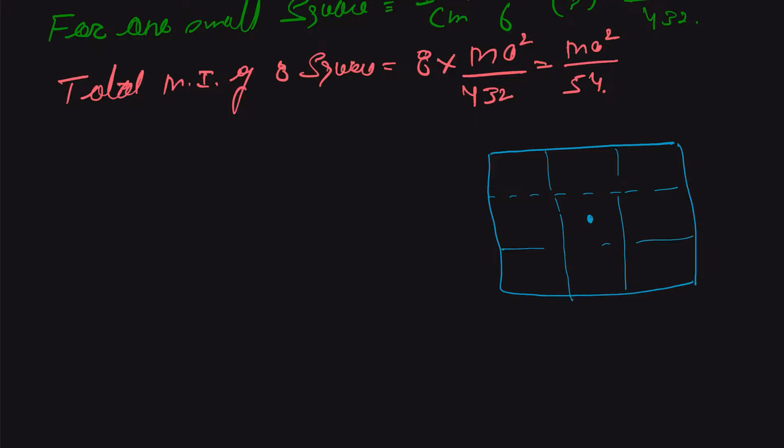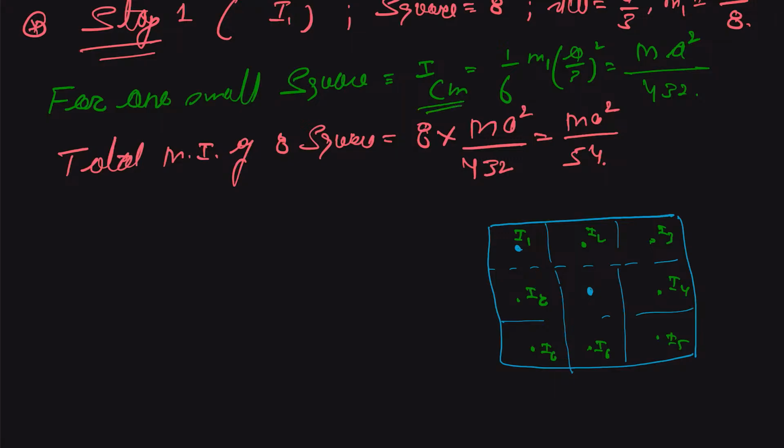So we found the moment of inertia of each individual square with respect to its center, respectively the second one, third, fourth, fifth, sixth, seventh, and eighth. This will be I1, I2, I3, I4, I5, I6, I7, and I8, which we have called ICM.